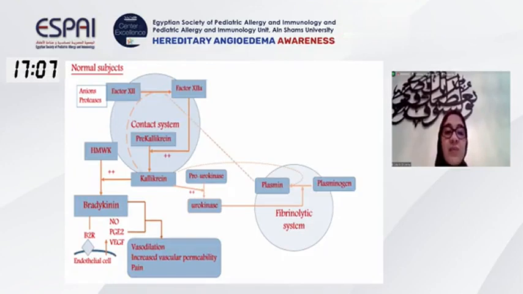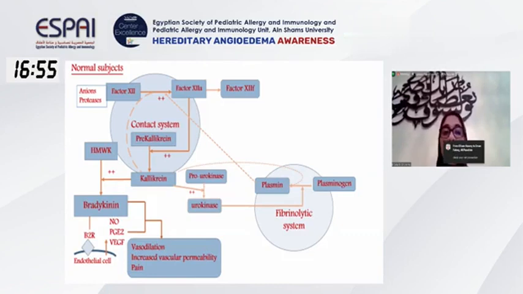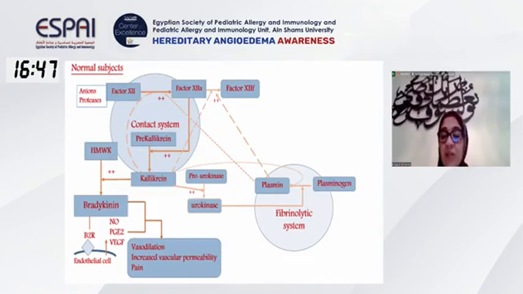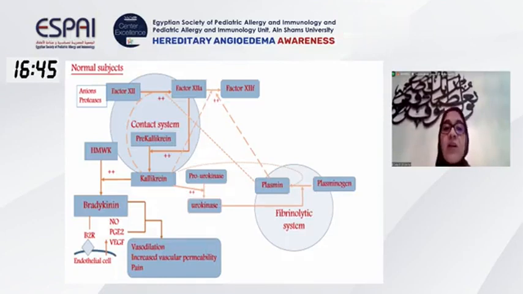And then the plasmin and the kallikrein induce a positive feedback loop on factor 12 to produce activated factor 12. Activated factor 12 can be autocleaved into factor 12 fragment. This step is first stimulated by kallikrein and plasmin.